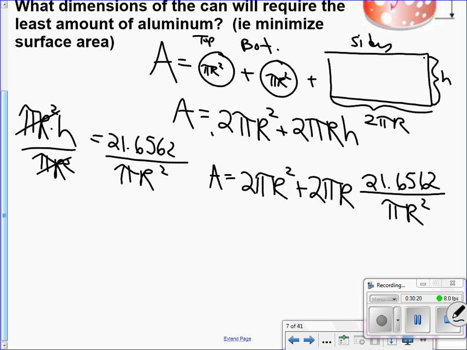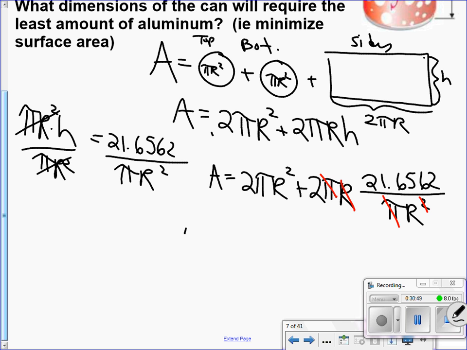Yowza. Look at that. Any cleanup to be done before differentiating? You can get rid of the pi and the r out of this second term, right? This pi up here cancels there. This r cancels, so we still have one left.